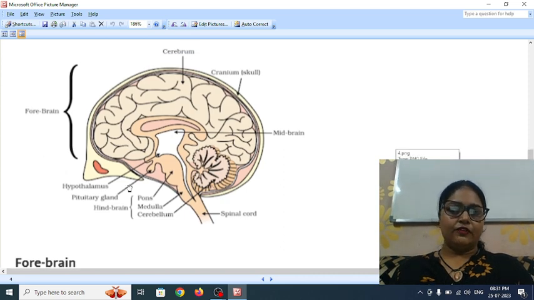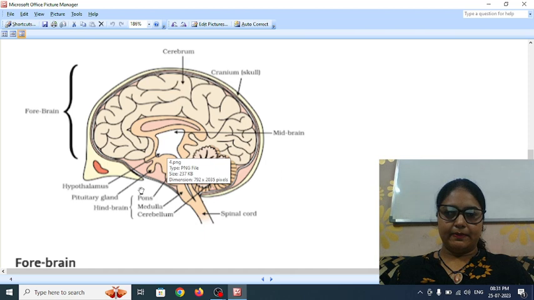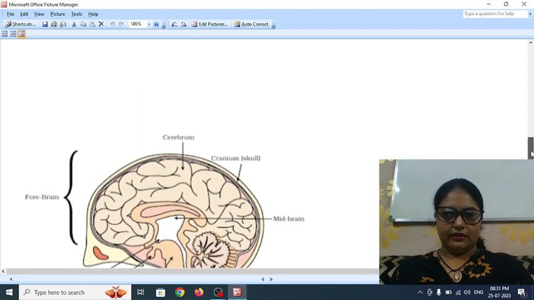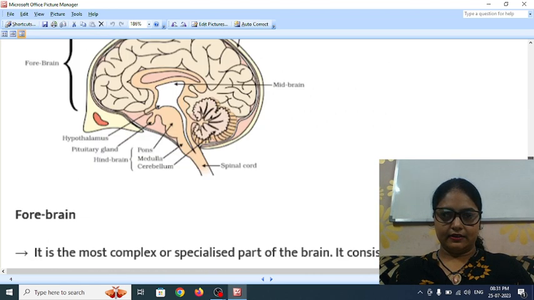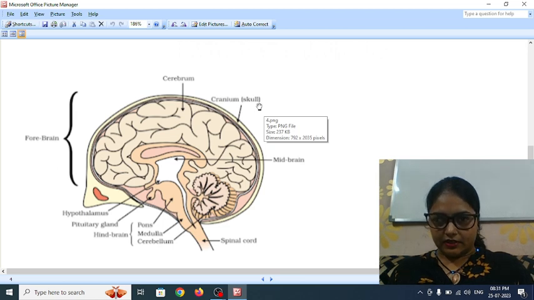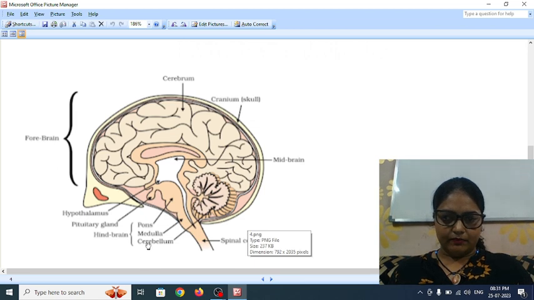Now forebrain. Forebrain is the front part of the brain, and next is the midbrain. Here the brain has different parts like the forebrain, cerebellum, skull, midbrain, spinal cord, medulla, pituitary gland, hypothalamus, and hindbrain.